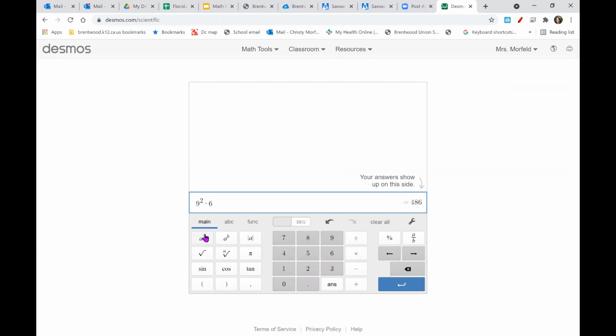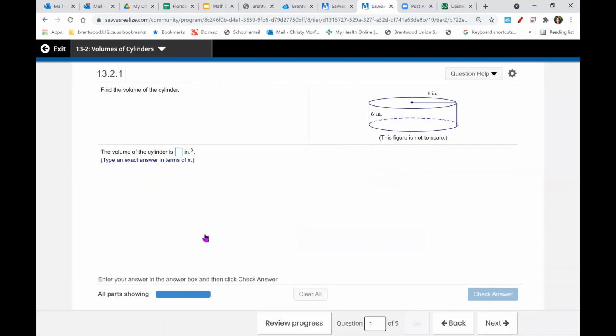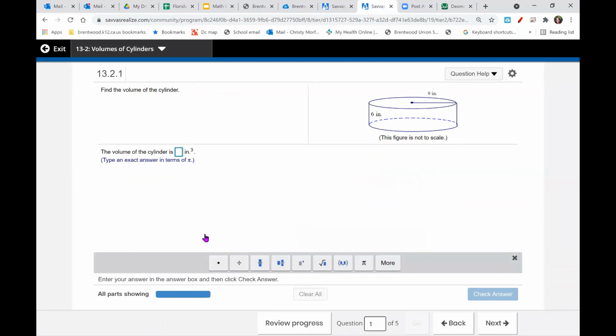And it gives me 486. So I'm going to close this out, and what you have to remember to do, or it's going to tell you you're wrong, you got to type in that number, and then for this problem, it said use pi. So there's a little pi symbol right there. Once you click into the box, it'll pop up on the bottom, and you can see the pi symbol. So just click on the pi.